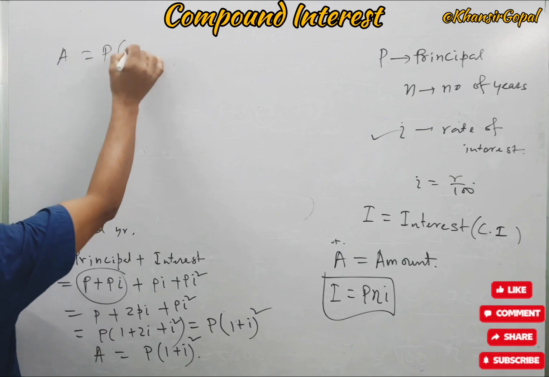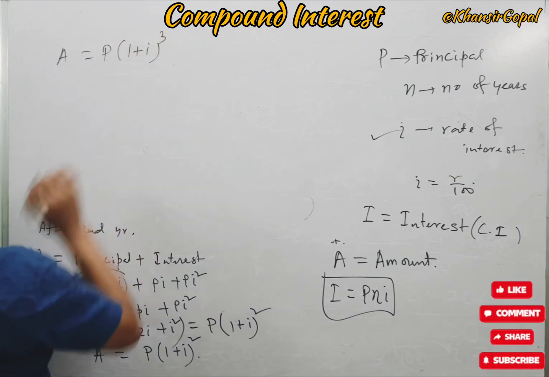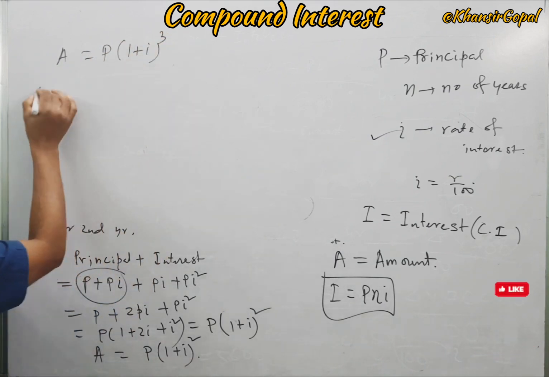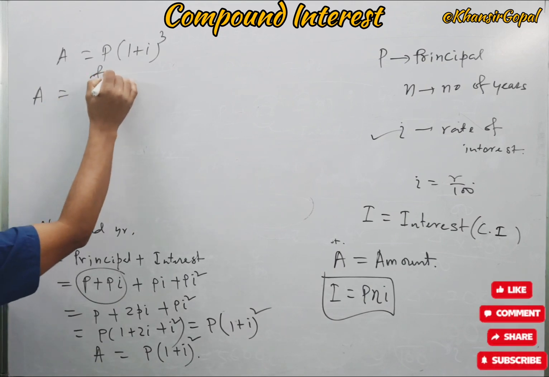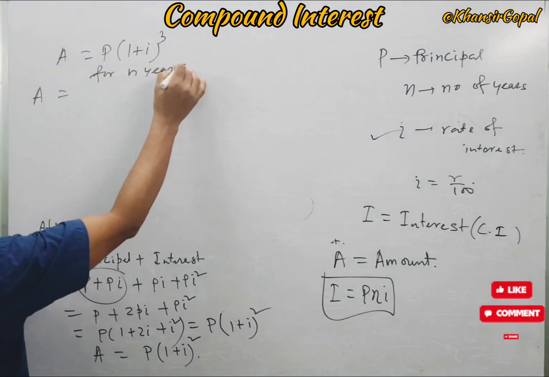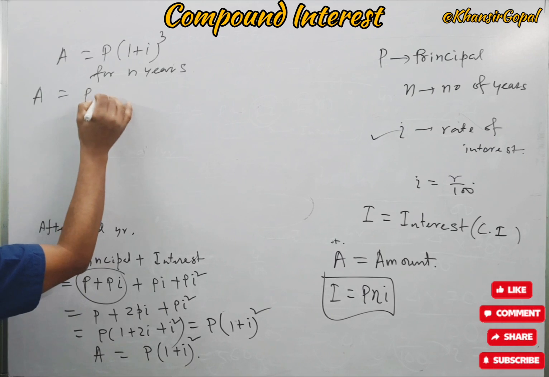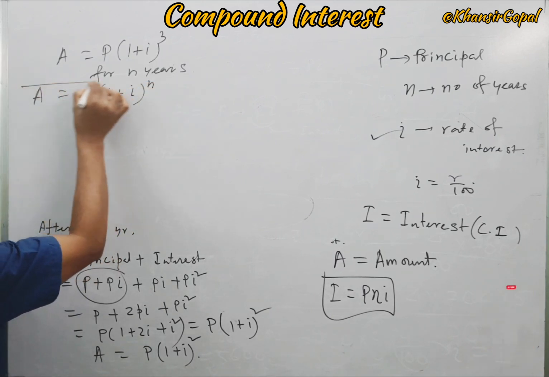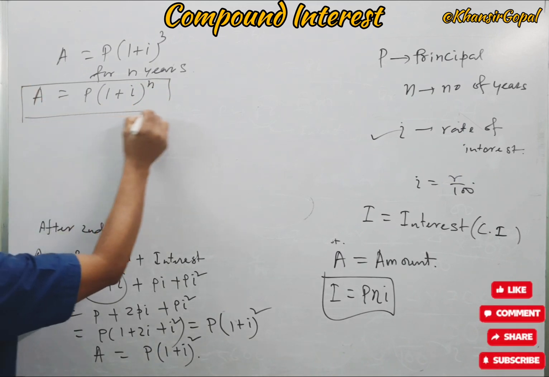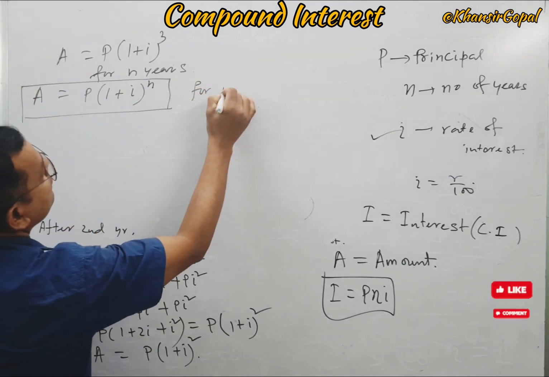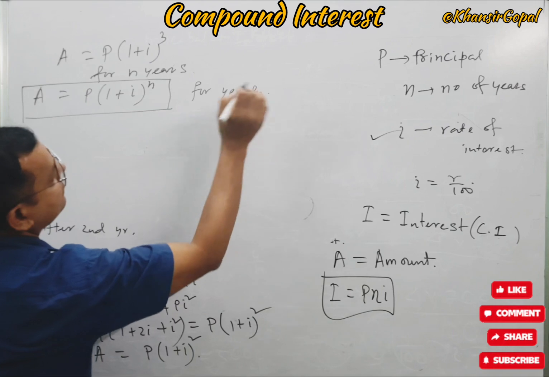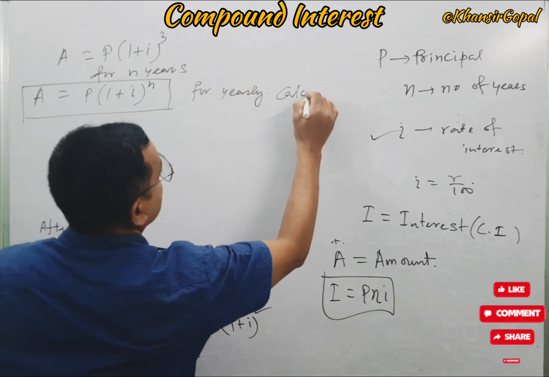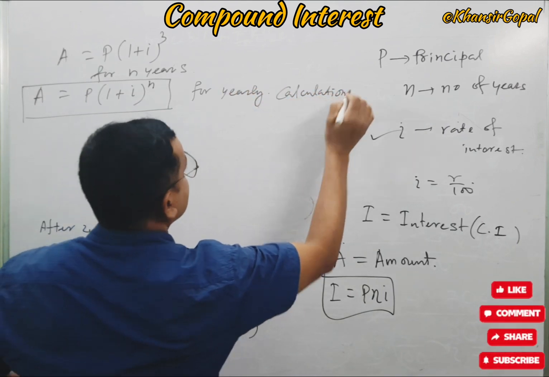For 3 years it will be 1 plus I whole to the power 3. That means if I take for n years, it will follow the same way. A equals P into 1 plus I whole to the power n. That is actually the formula for yearly calculation. Okay, yearly calculation.